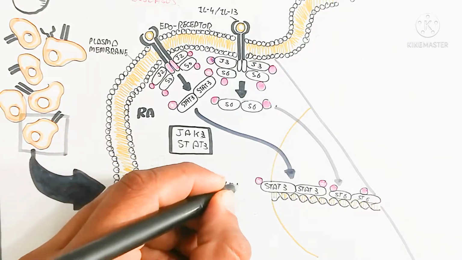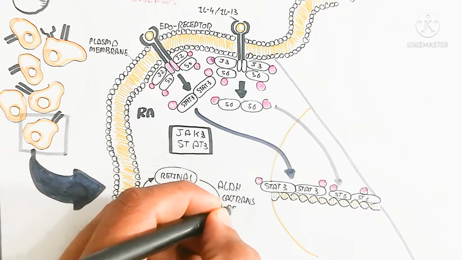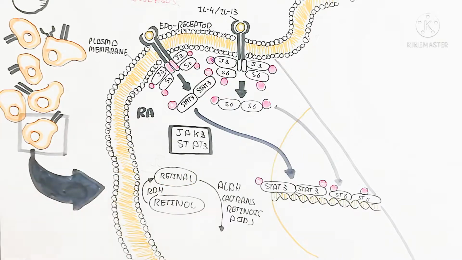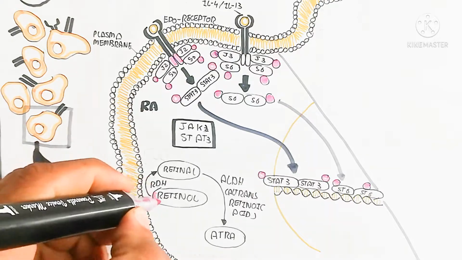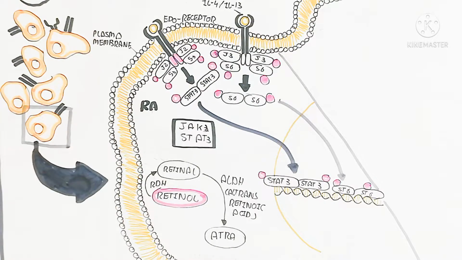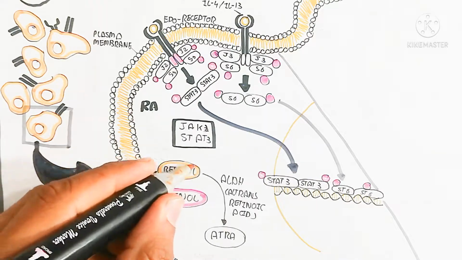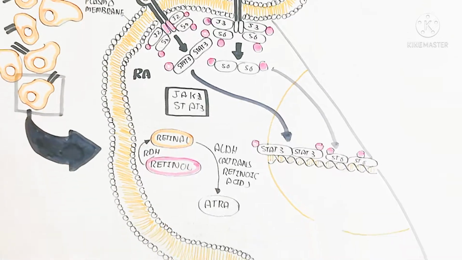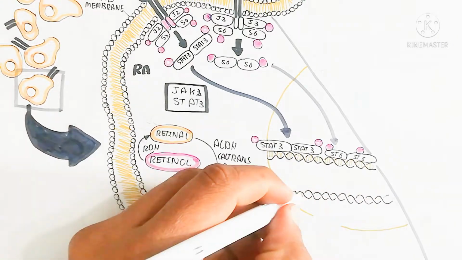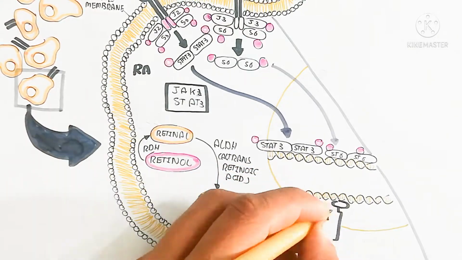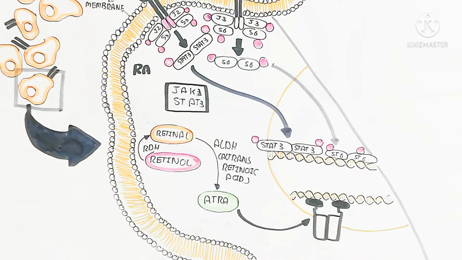While here, retinol will convert into retinal, and the retinol dehydrogenase enzyme and ALDH basically convert it into ATRA, all-trans retinoic acid. So you can see retinoic acid will be formed.